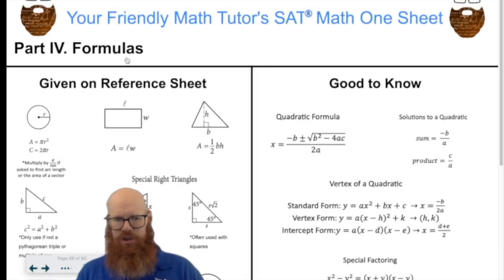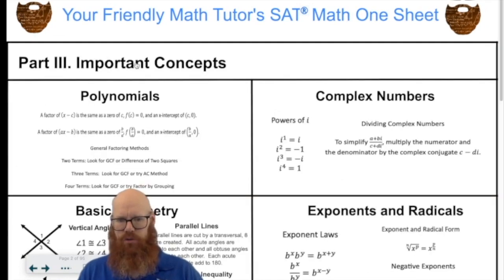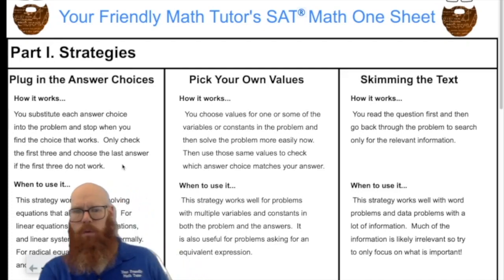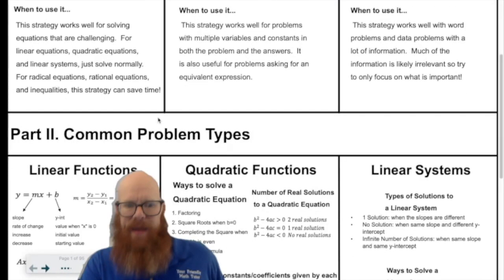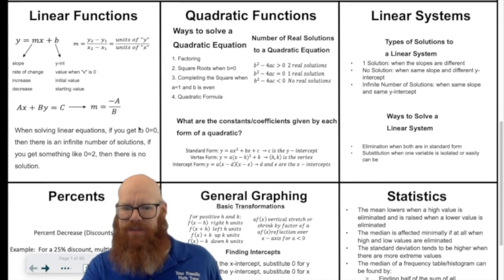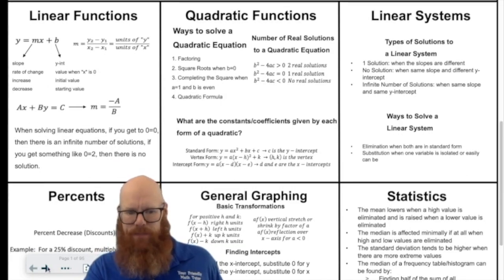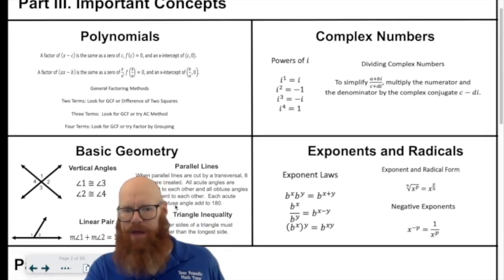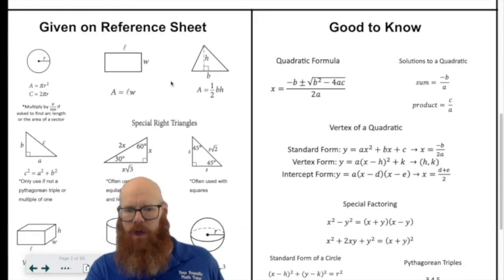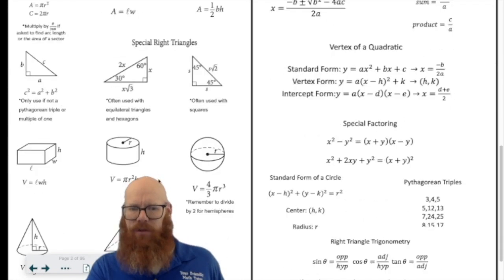And then if we just kind of jump back to our sheet, we went over all these part 1 strategies. Check out, that's video 1. And then part 2, common problem types, that's videos 2 and 3. And then we went over important concepts, that was videos 4 and 5. And then finally the formulas was 6 and 7 for the given on the reference sheet part.